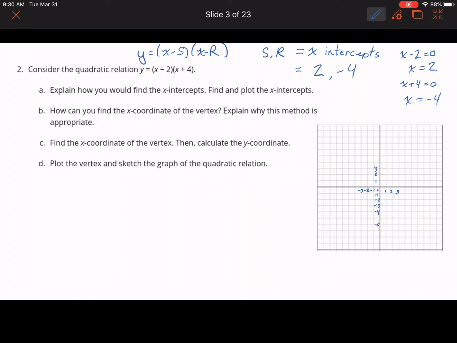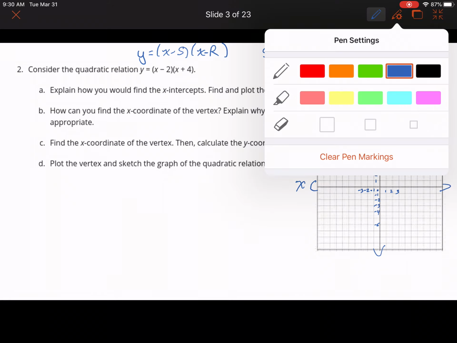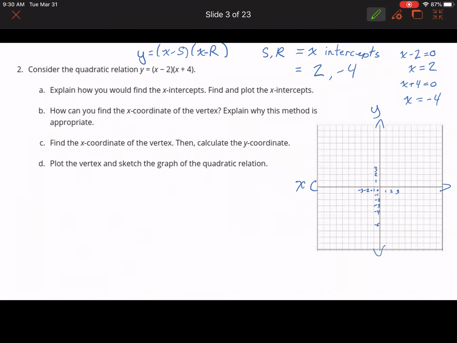And we always want to write the numbers on the lines so that we're not getting confused about which line means what. So we can graph those. Let's use green. So we've got positive 2 and negative 4. So let's just start there.